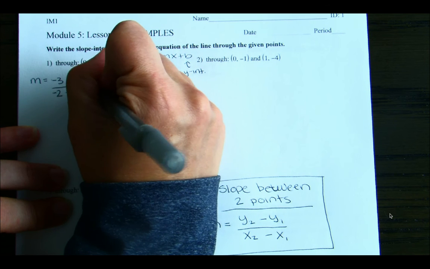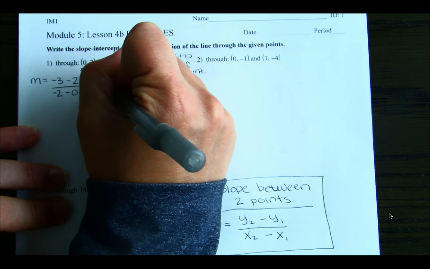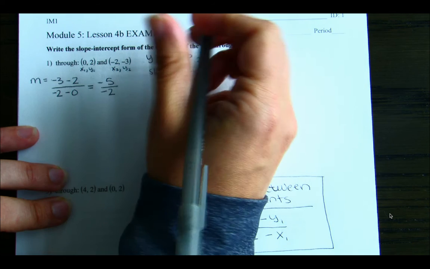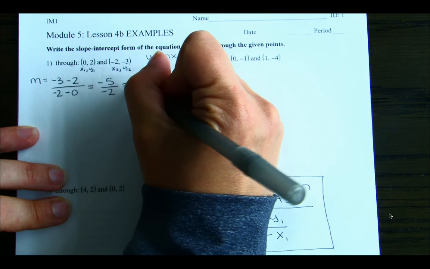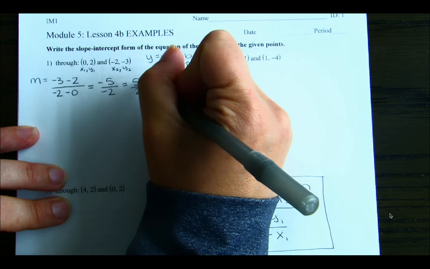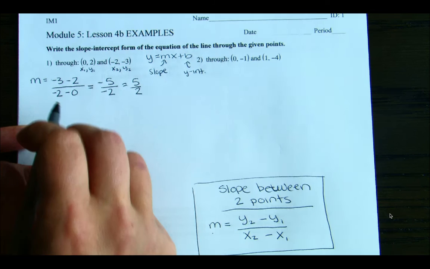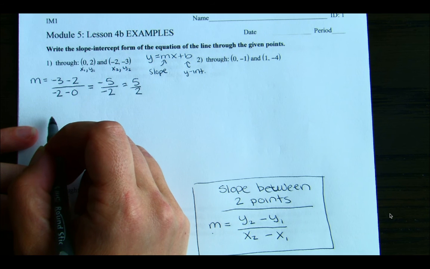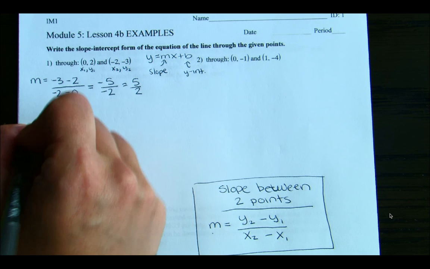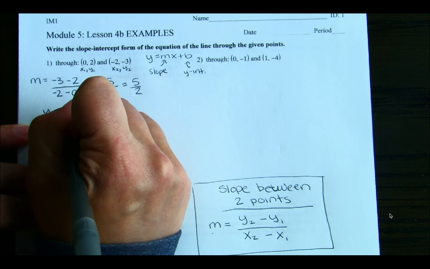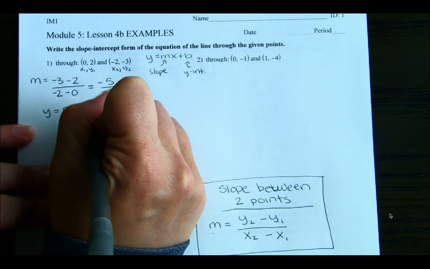From there, we get -5 over -2, and a negative divided by a negative gives us a positive. So now that I know my slope, I should be able to find my y-intercept, very similar to what we have done previously. So I right now have y equals 5/2 x plus b.